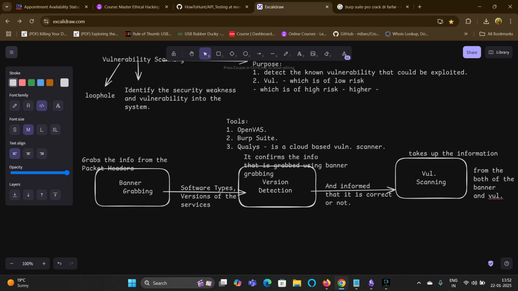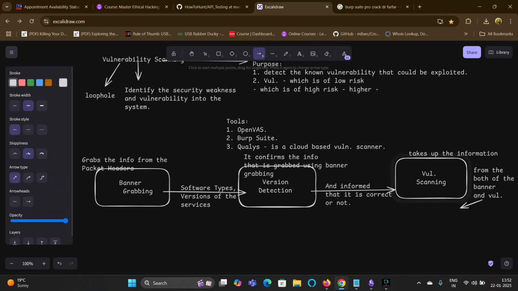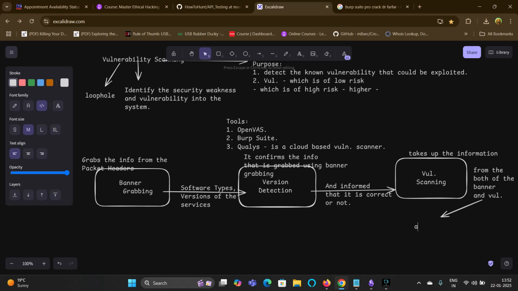It takes up the information from all of those previous steps, and then it will analyze all the potential weaknesses based on known vulnerabilities.